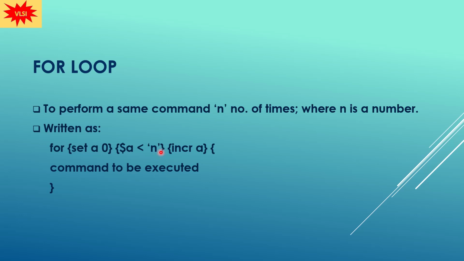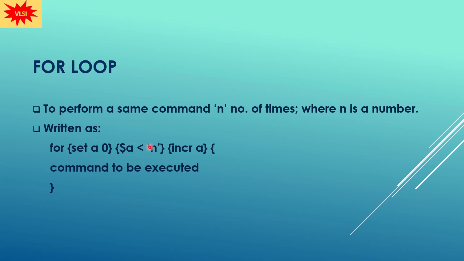We have to make sure that we are understanding correctly. So here n is a number. Now when you are incrementing a up to this value of n, whatever is written in the body of this for loop will be getting executed.